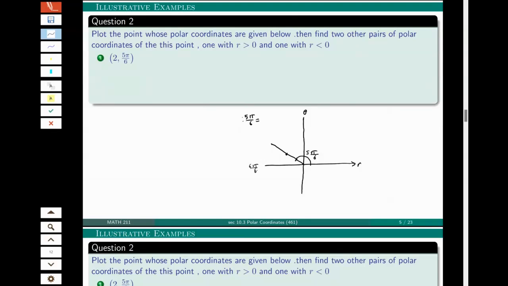It means if this is 1, that's 2. That's the point: 2 and 5 pi over 6. Okay, that is when r is positive. We can be in the same place if I have r negative. If r is negative, what will happen?